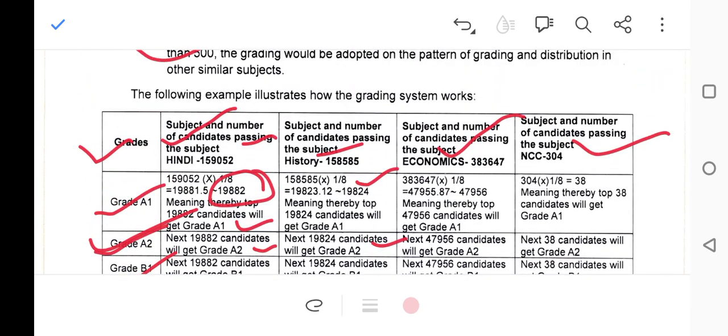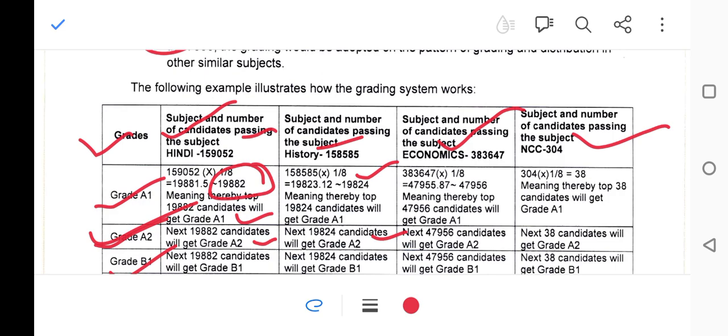Again I am explaining here for your clarification. Take one subject, for example economics. In economics, the total number of students who passed is 3,83,647. For giving the award, you have to take this number into 1/8.